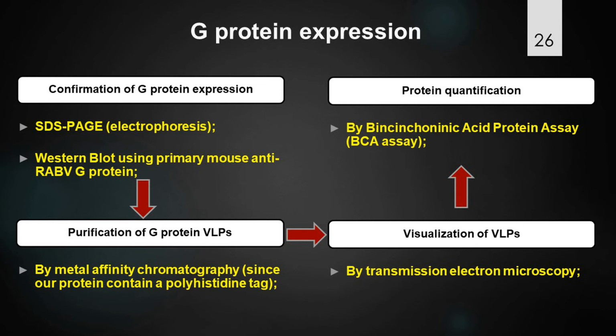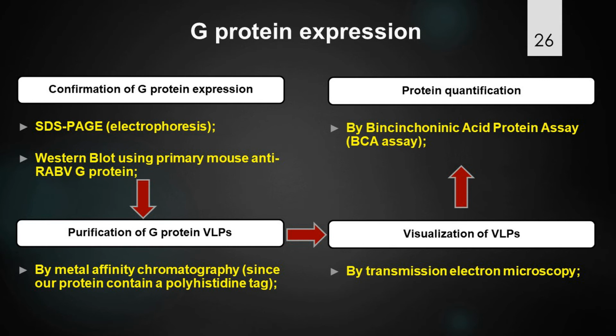And in order to confirm the formation of VLPs, we will analyze this purified sample via electron microscopy. Using this technique, we will be able to visualize and measure the particle size. The last part in the characterization of our G protein VLPs will be the quantification step.